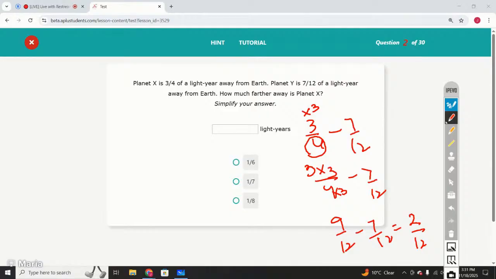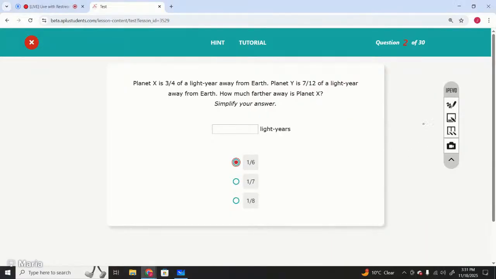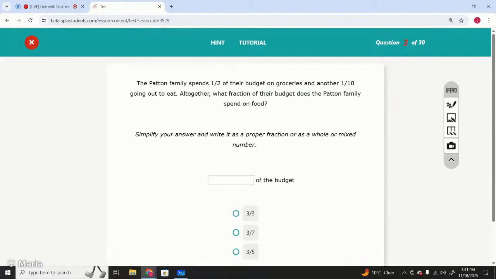The correct option is 1 by 6. That is 1 over 6. Option number 1 is the correct option.